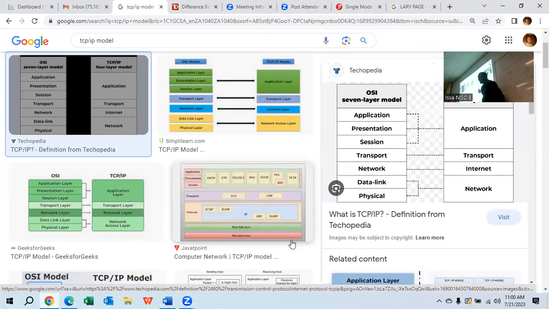But these 2 will become 1. And these 3 will become, even the session will become the application. These are the 2 differences. You have to know this matching when you are preparing for the exam and so, right?